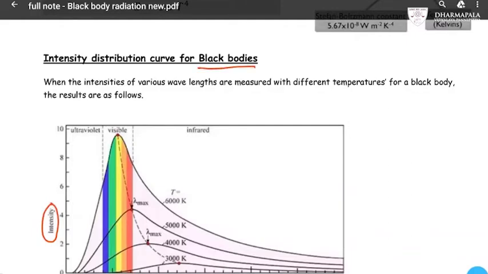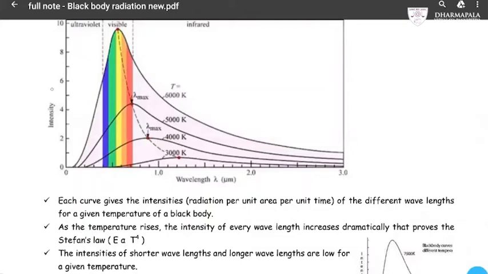All these graphs have been plotted only for black bodies. Here intensity is actually the E lambda value, the radiation intensity for particular wavelengths, that is, the total energy emitted per unit time per unit area. And on this side we have wavelength.